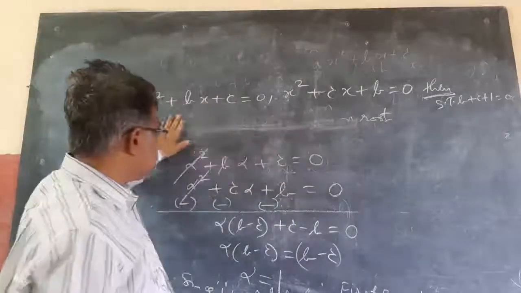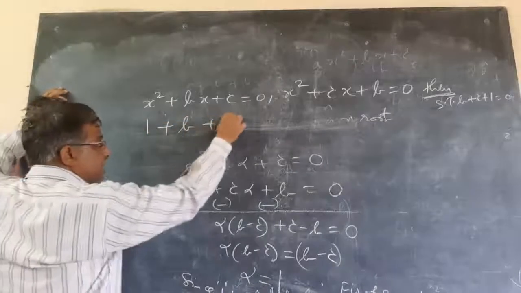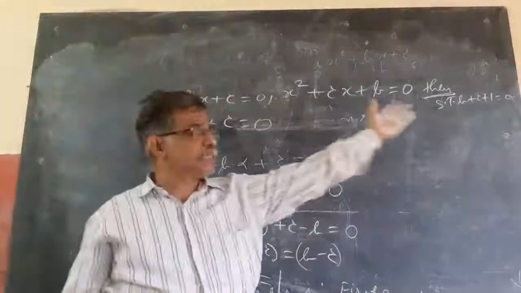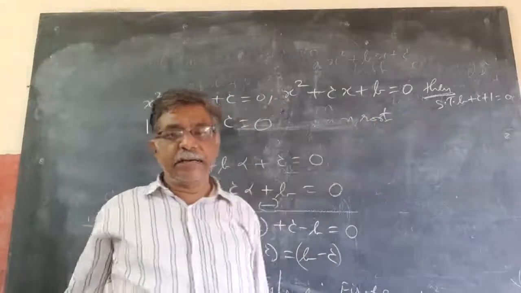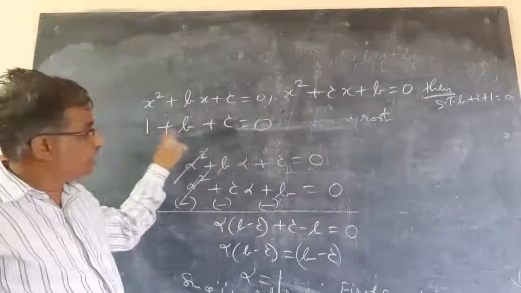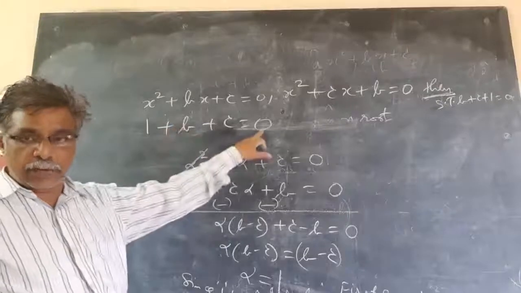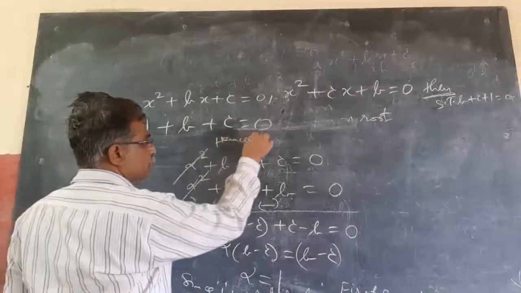What happens? 1 square plus b plus c; if you substitute in the other equation you also get the same, 1 square plus c plus b equal to 0. That is what we were asked to prove: b plus c plus 1 equal to 0. 1 plus b plus c equals 0 is what I got. Hence proved.